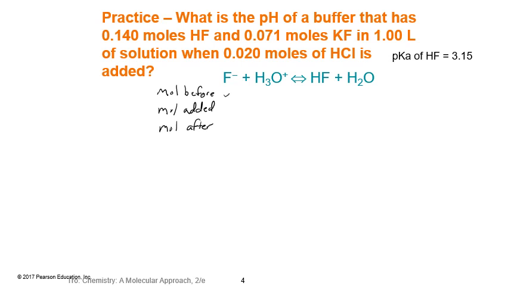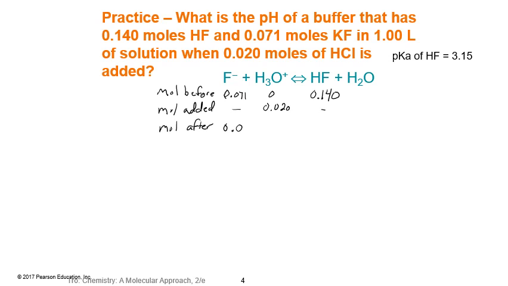So before we add the acid, we have 0.071 moles of the conjugate base. We haven't added our additional acid yet, and because of our buffer solution, we have 0.14 moles of our acid. We are adding 0.02 moles of the acid, and that 0.02 moles is going to react with the conjugate base, decreasing the F minus by that same amount.